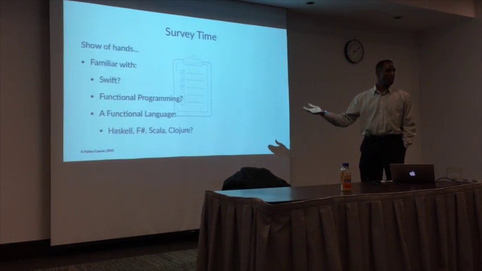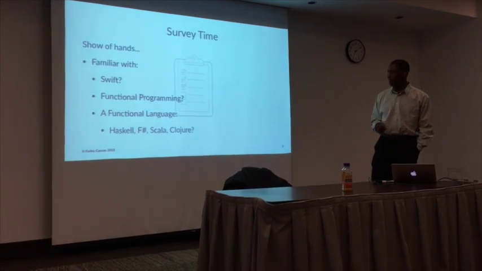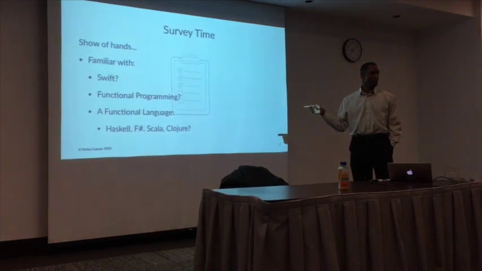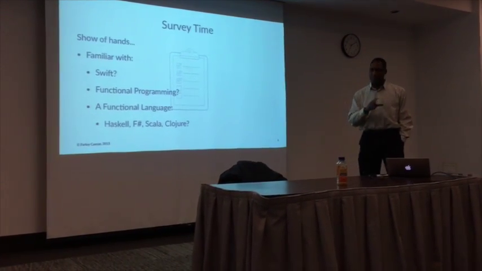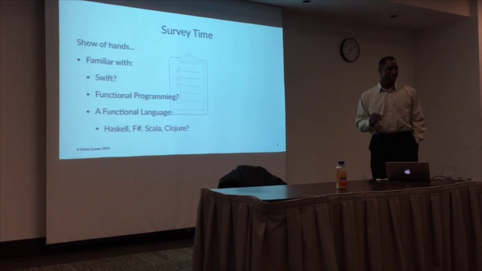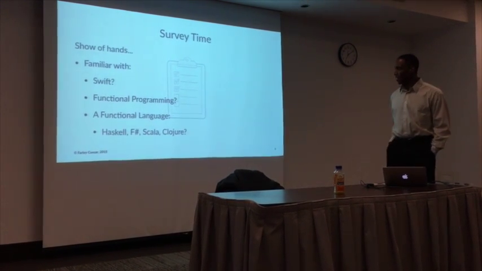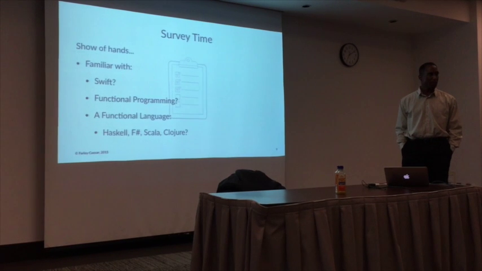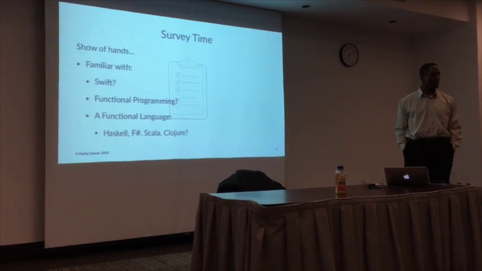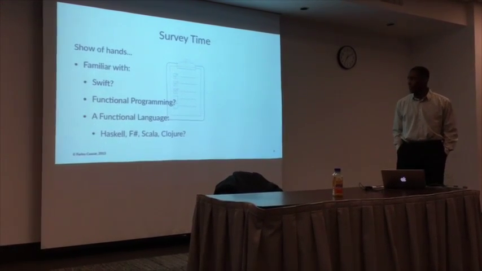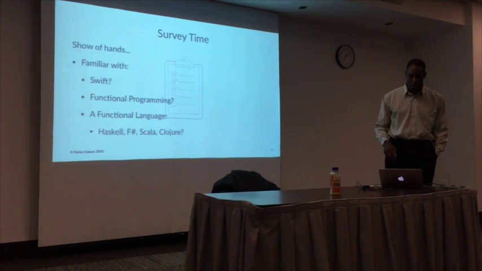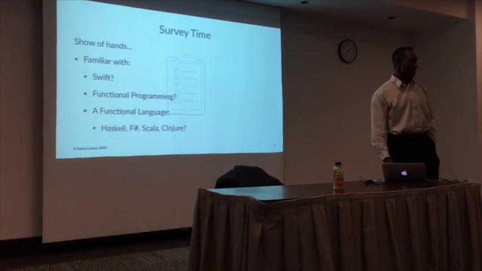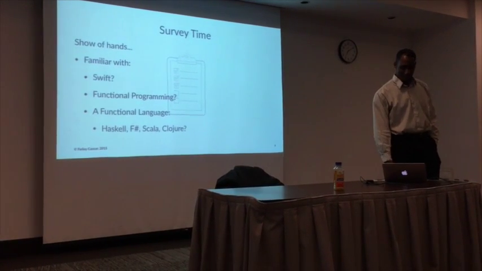Scala, anyone? JVM? One or two? Okay. And then anyone Clojure? Again, one or two. Some of the same hands, so some of the same kind of looking at all the language landscape like me. So it seems like we have a good cross-section of you that touch Swift, are into Swift, and are also looking at functional programming as a way to structure your applications, which I think is a good thing.